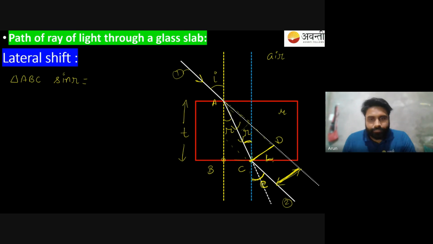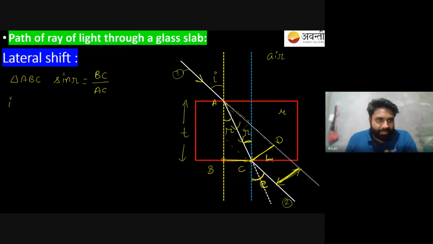So sine R is the perpendicular over the hypotenuse. What is the perpendicular here? The perpendicular is this length BC. So sine R equals BC divided by AC.